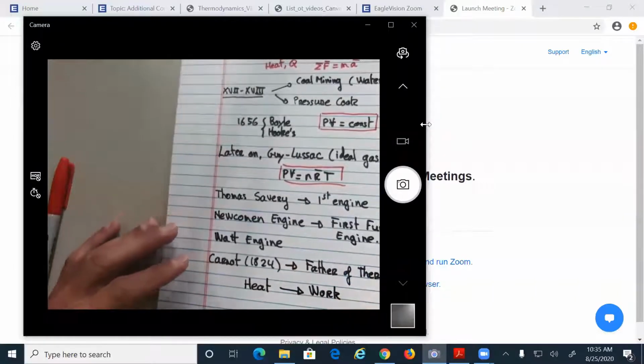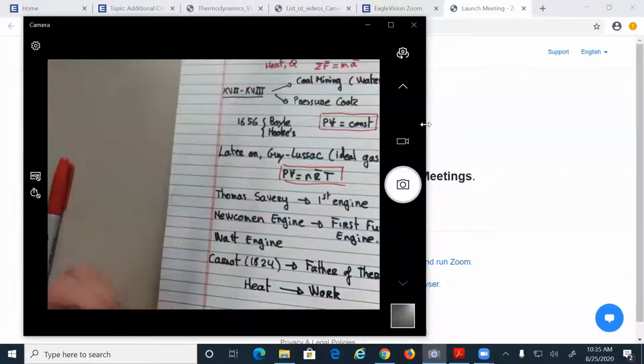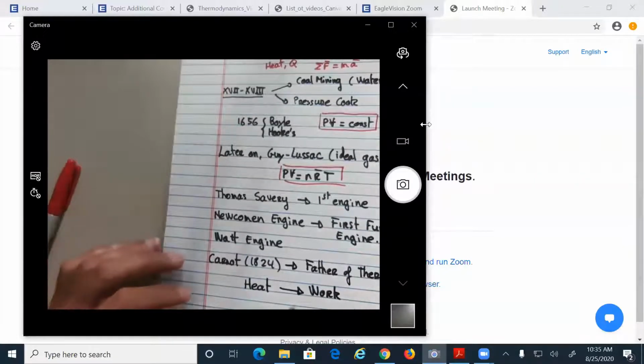So the first part of the class will be based on how much work you can get out of a certain amount of heat. And this will lead us to what will be known as the first principle, which they call in the textbook the first law, but I like to call it the principle of thermodynamics.